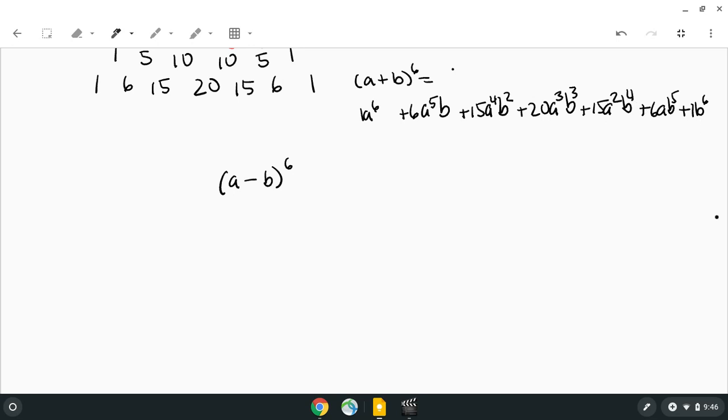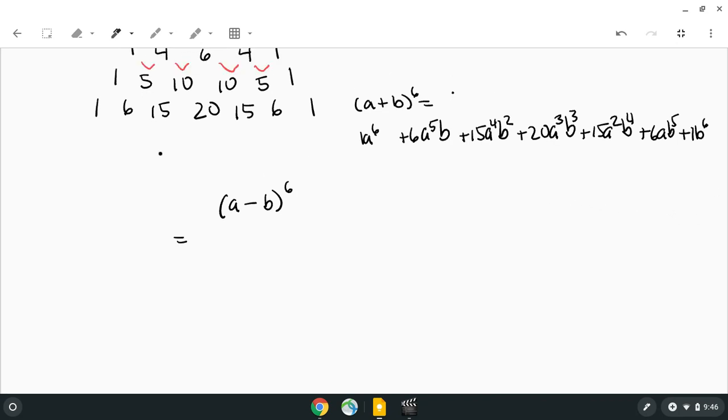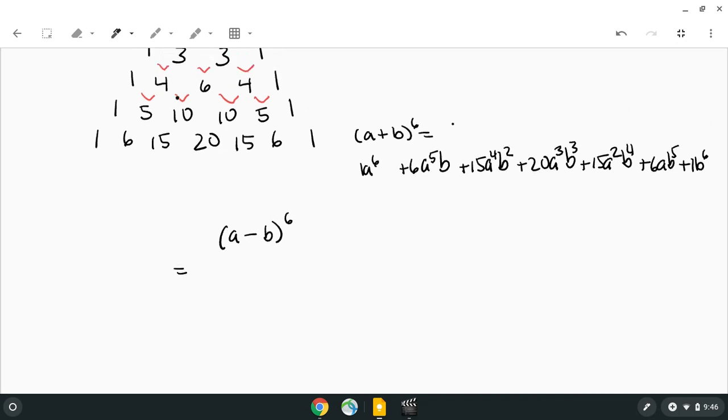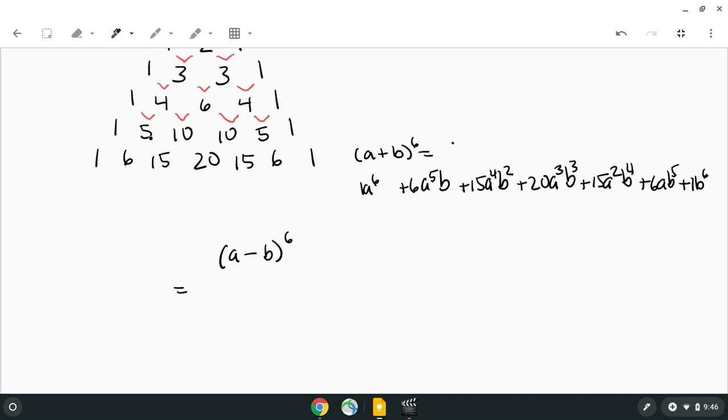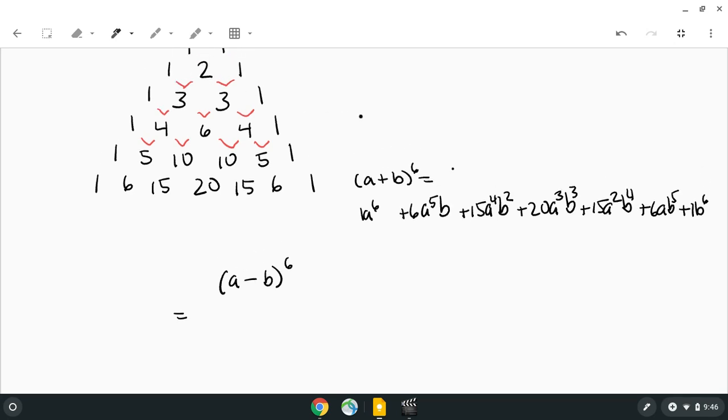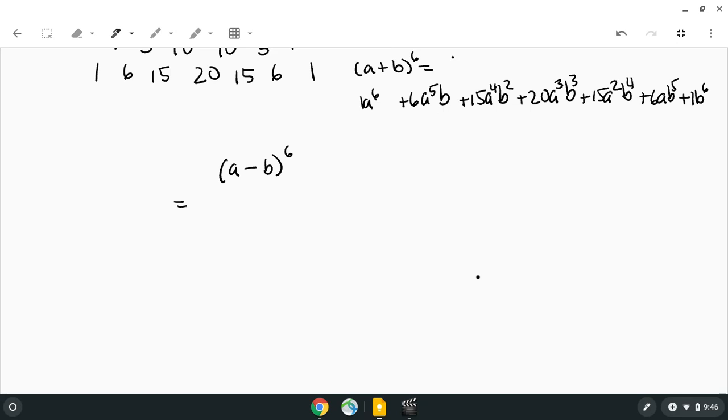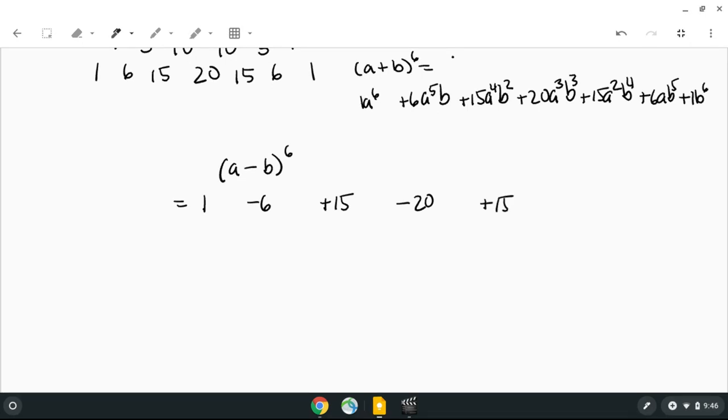So here you would still use the same coefficients for power of 6. That's right here, and you can tell which row because it starts off with your power: power 6, power 5, power 4, power 3, power 2. So we would be using positive 1, minus 6, positive 15, minus 20, positive 15, negative 6, and positive 1.